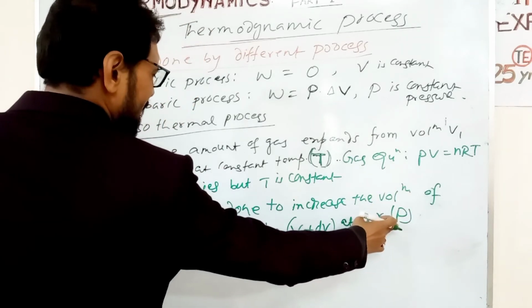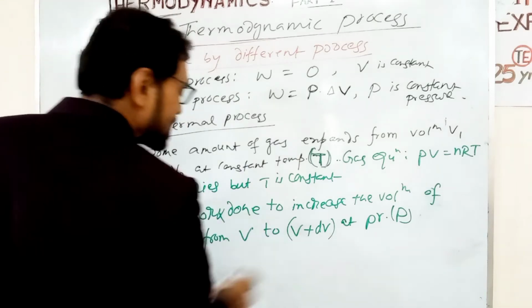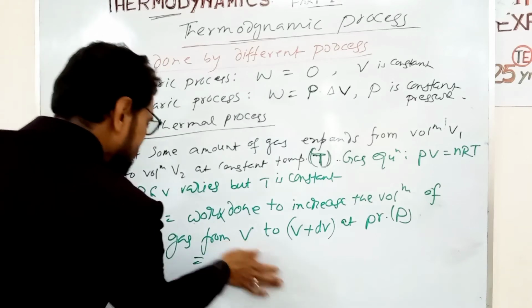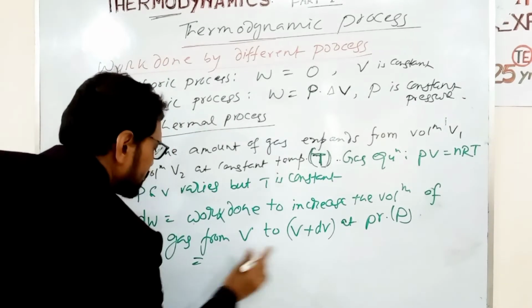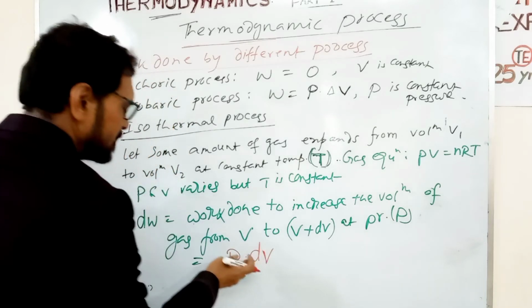So at this pressure, the volume of the gas increases from V to V plus dV. What is the work done? Work done will be constant pressure P into dV. dW equal to P dV, because we take P as constant.